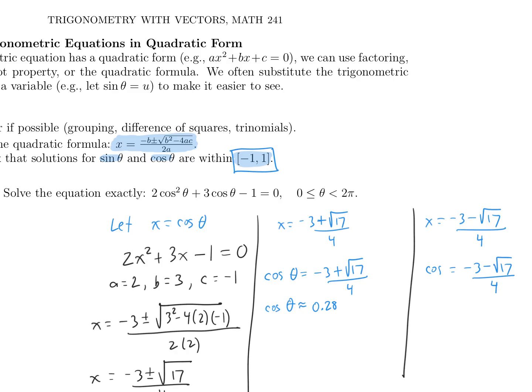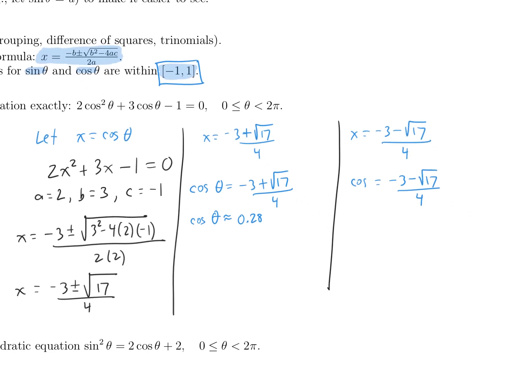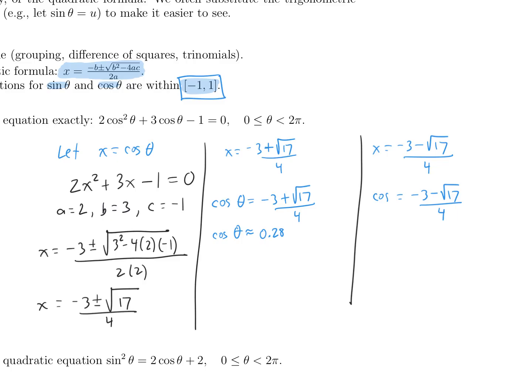The other one, however, if you do this on the calculator, cosine theta is going to equal negative 1.78. And as you can see, that is less than negative 1. So this one has no solution. This equation will have no solution because, remember, cosine cannot be less than negative 1 or greater than positive 1.